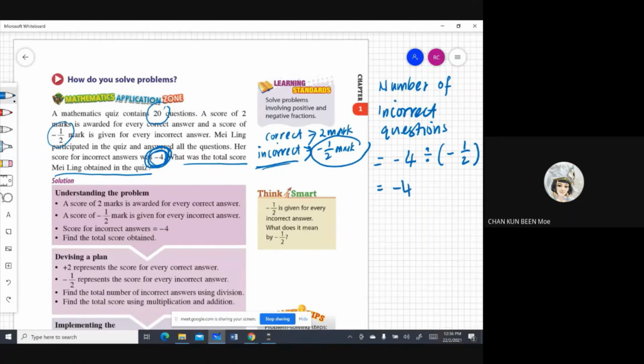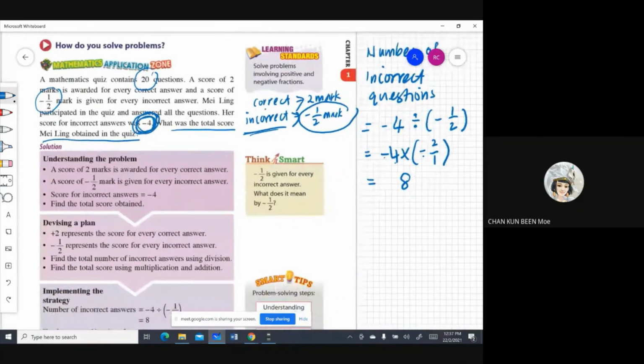So -4 times -2/1. A negative times a negative is positive. 4 times 2 is 8, meaning she got 8 questions wrong. If she answered 20 questions and got 8 wrong, she has 12 questions right.